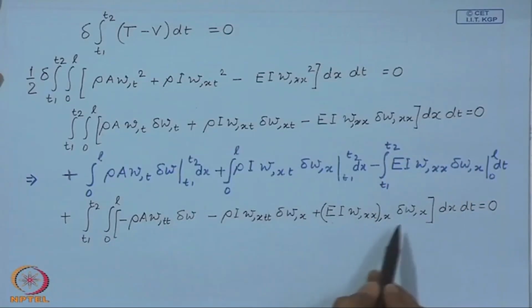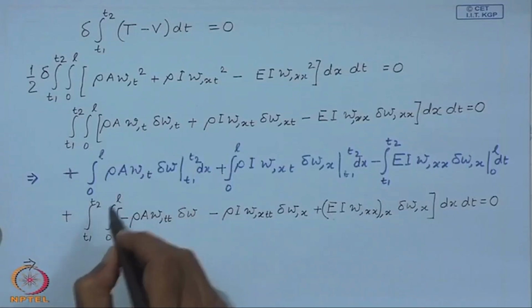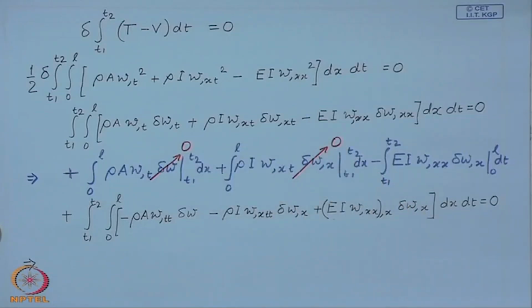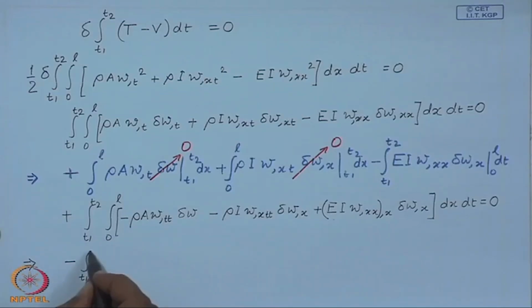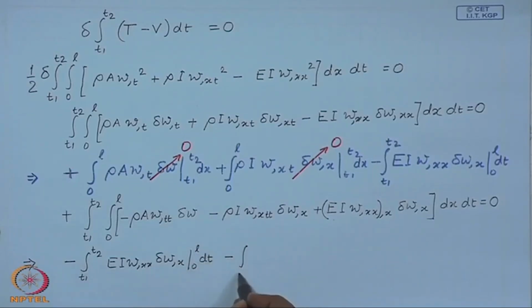Now, here still we have this space derivative, which we can once again integrate by parts with respect to space, and if you simplify, so these terms are going to vanish. Now, if you integrate by parts once again and do this simplification, then you can check.